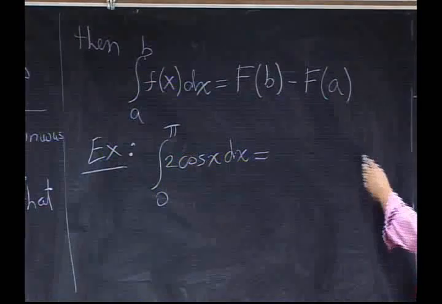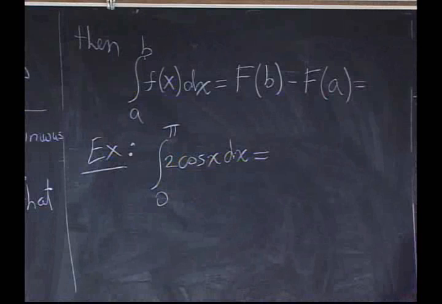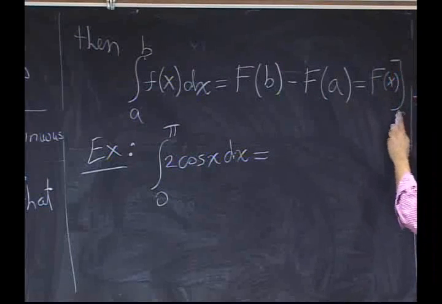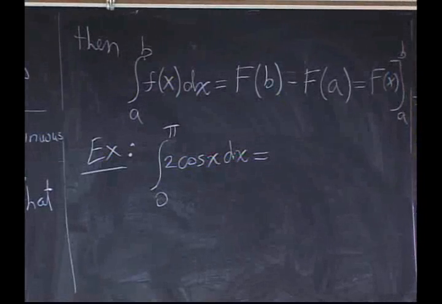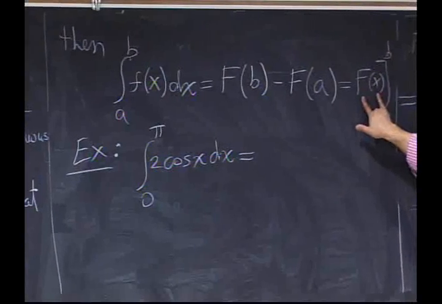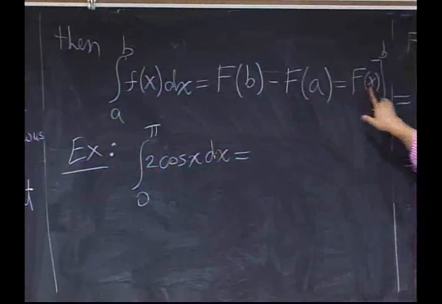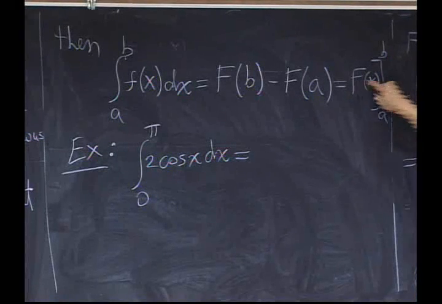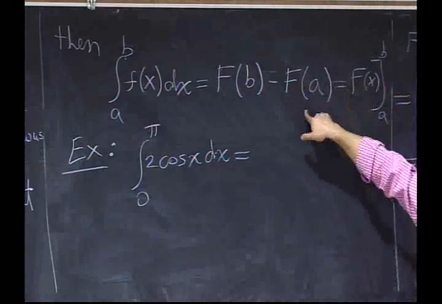I should probably give you the notation here. That's simpler to write. Another way of saying this is to say f of b minus f of a is written like this, f of x from a to b. Okay? This just means this. It's a shorter way of writing this.